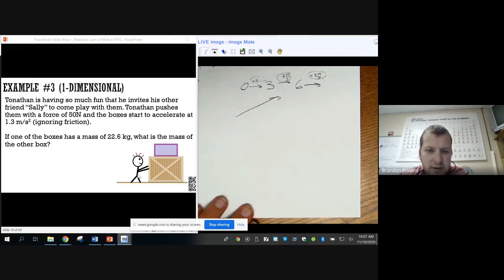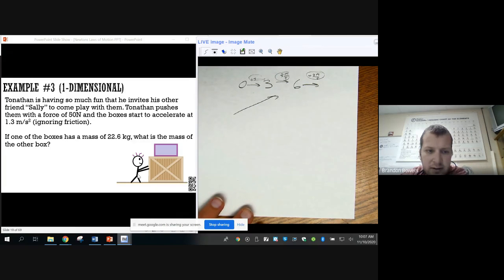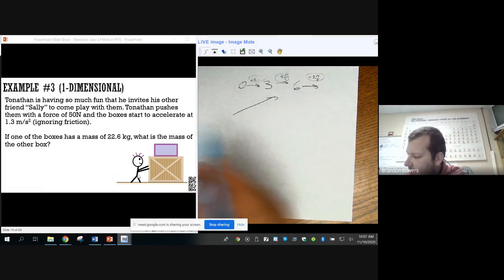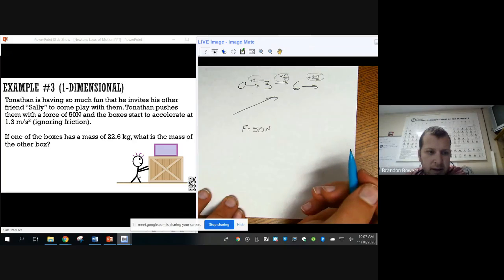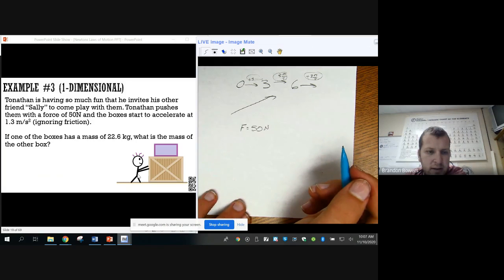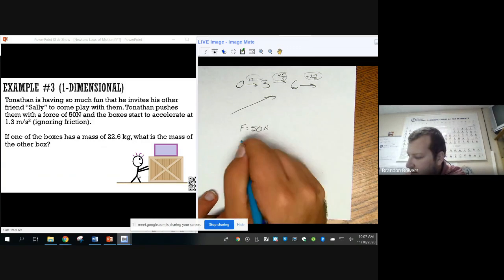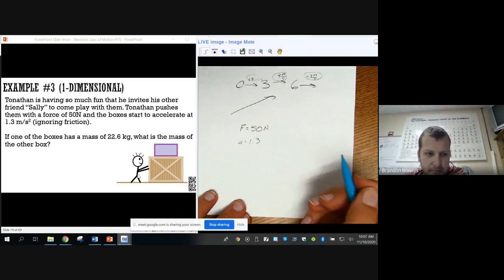Jonathan is having so much fun that he invites his other friend Sally. Jonathan pushes with 50 newtons of force, so we know force is 50 newtons. And the boxes start to accelerate at 1.3 meters per second squared.